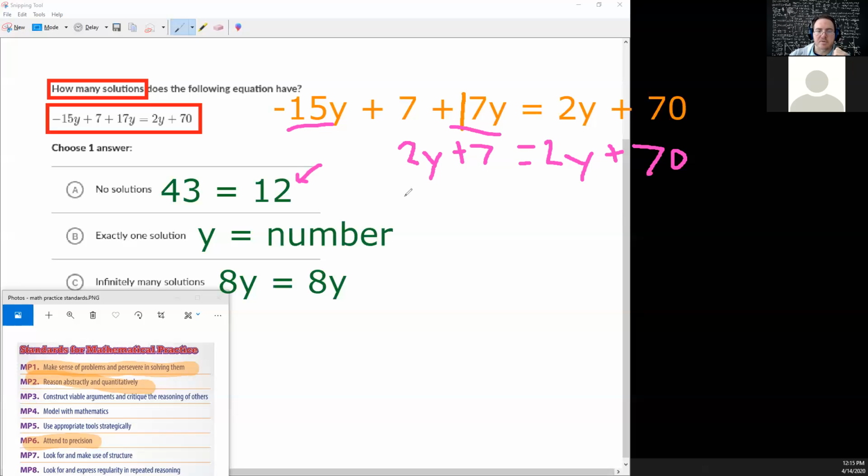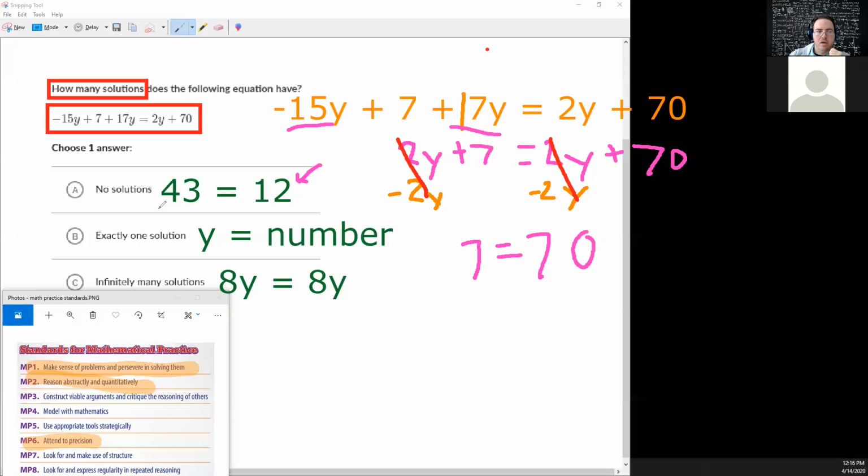We can help ourselves out a little bit. What if we took away 2y from both sides? So that means that this cancels out and this cancels out. Not good. So what we end up with is 7 equals 70.